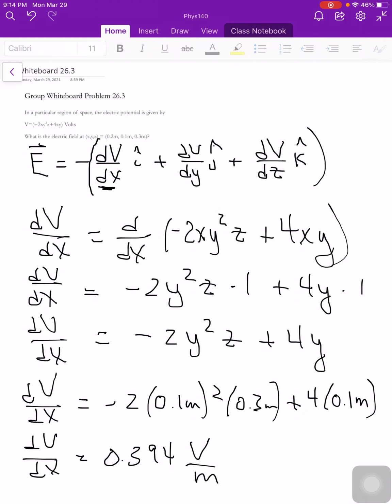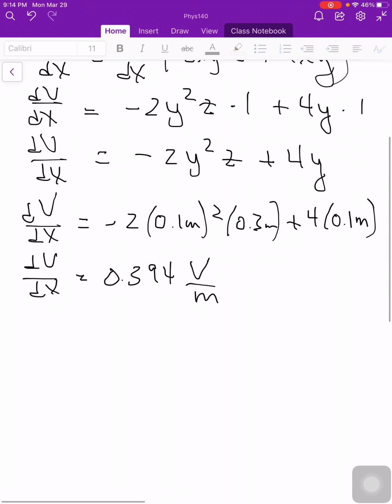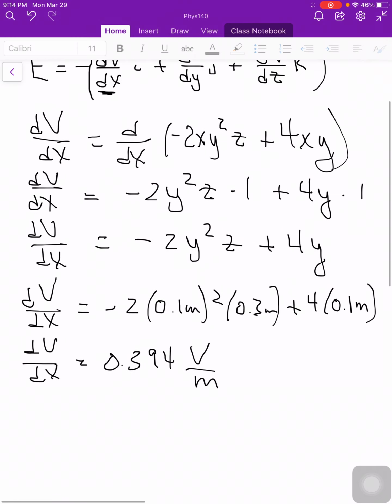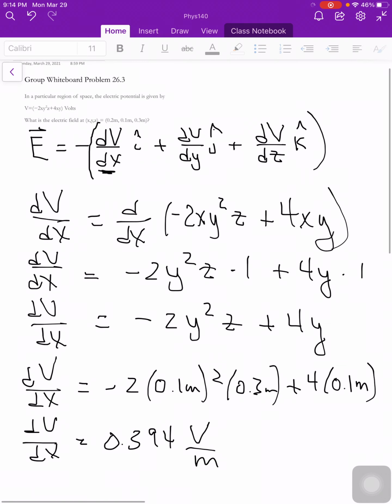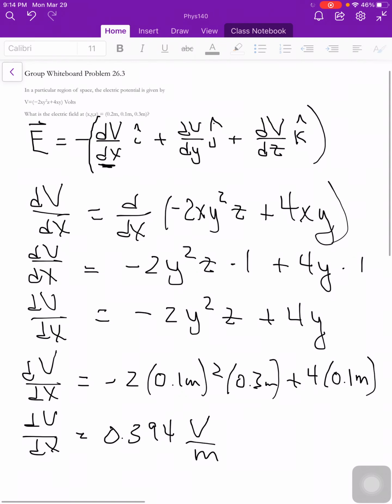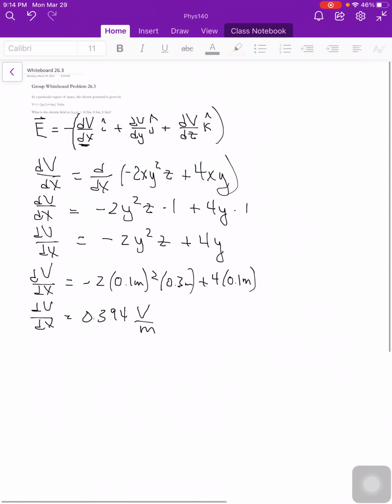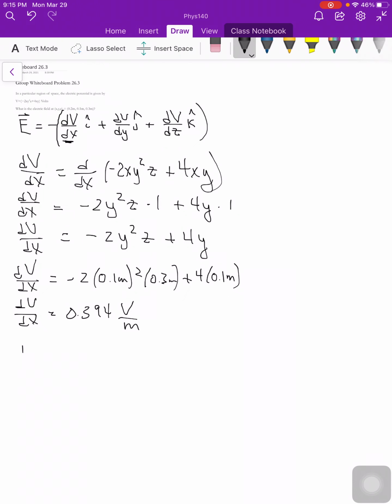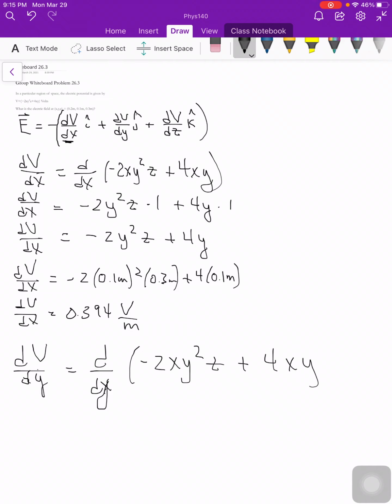Let's do the next term. dV dy is going to equal d dy of negative 2xy squared z plus 4xy.